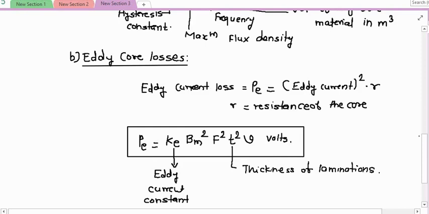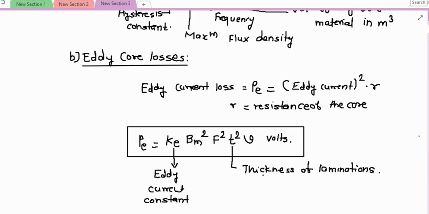The eddy current loss is also frequency dependent, as is the hysteresis loss. It is directly proportional to the square of the operating frequency. Hence, from the above two equations of eddy current loss and hysteresis loss, we have seen that the iron loss Pi, the total loss component, is dependent on the frequency, but copper loss is constant irrespective of frequency.